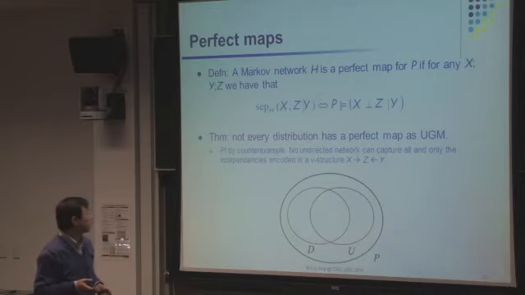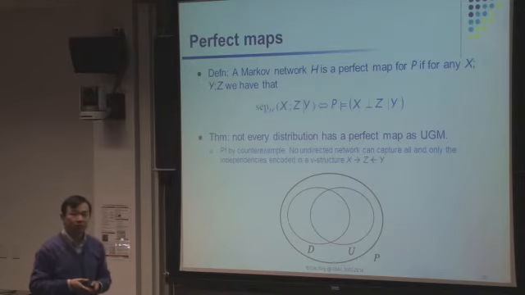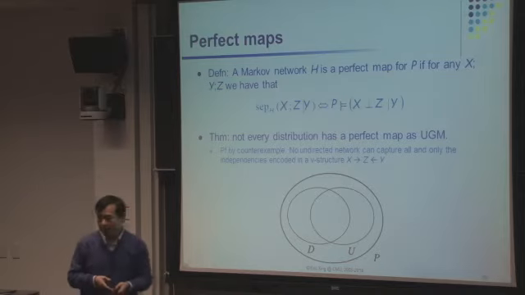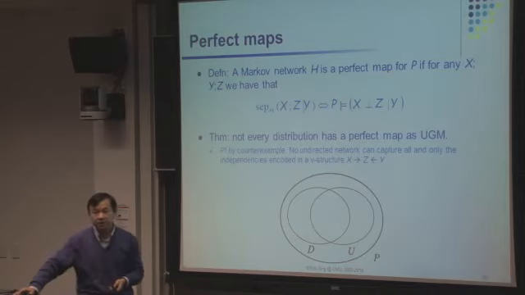For example, suppose here I have a total family of distributions, and for the directed graphical model, what kind of dependencies in the distribution can it guarantee to capture, or not capture?